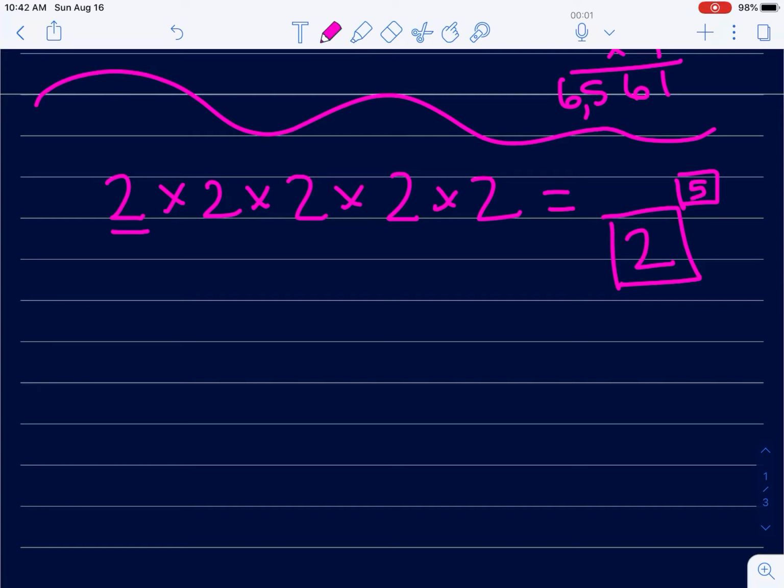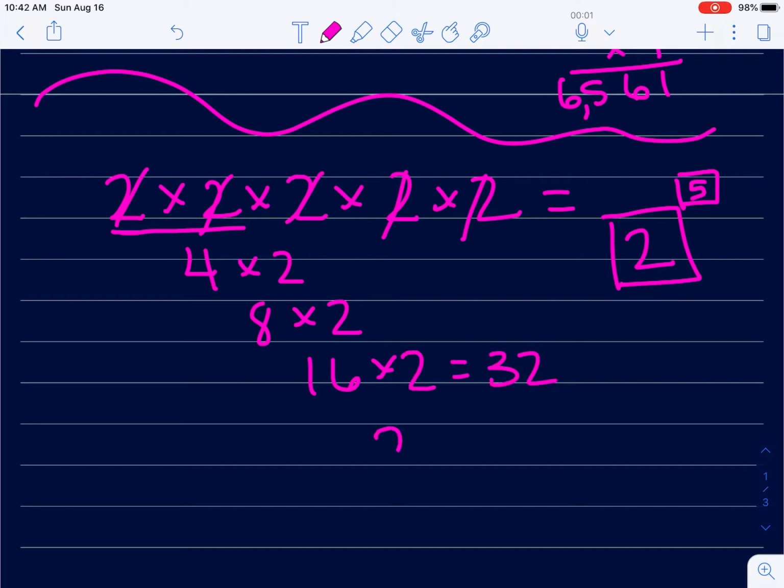If you had to solve it, you would do 2 times 2, that's 4, times 2 is 8, times 2 is 16, times 2 one last time would be 32. So therefore, 2 to the 5th power would equal 32. See how I'm keeping track every time by crossing these off as I go.